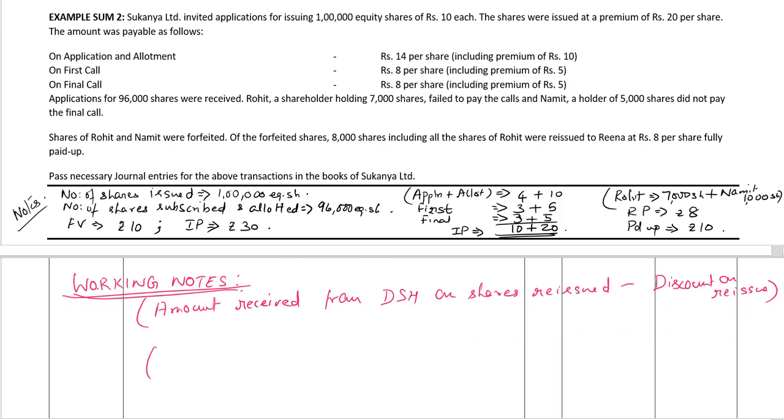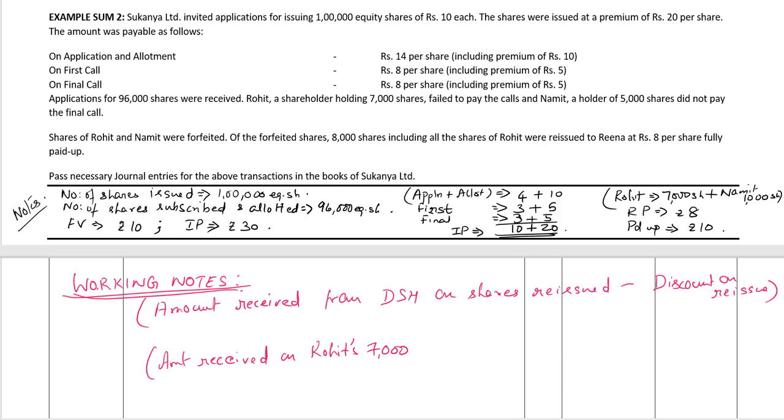So we need the amount received on Rohit's 7,000 shares plus the amount received on Namit's 1,000 shares minus the discount on reissue.